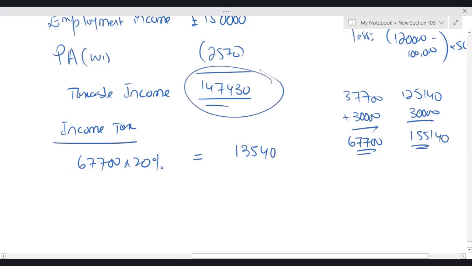So from 1,47,430, let us deduct 67,700. Whatever is left, the entire amount actually falls in the high rate band, because now the high rate band ends at 1,55,140.